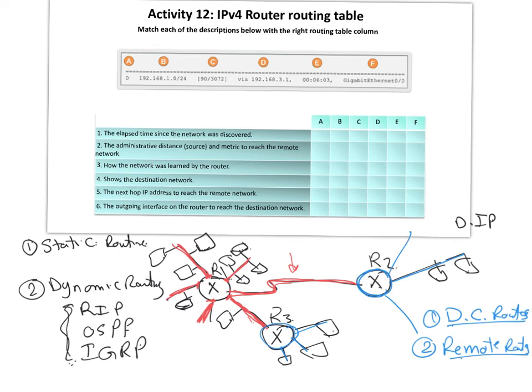For example, these blue routes for R2 are directly connected. So R2 would send information about these directly connected ones to R1. R3 would do the same. R1 now will have to consolidate. So when R1 tries to consolidate, R1 will learn that if I want to send to QU, I need to go to R2. If I want to send to Dukhan, I need to go to R3, and so on. So this has to happen through one of these routing protocols.